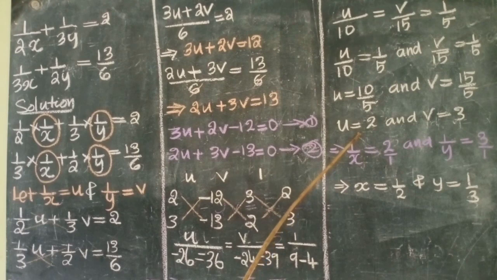Now we got only u and v. We need to get x and y. We substituted 1 by x equal to u and 1 by y equal to v.